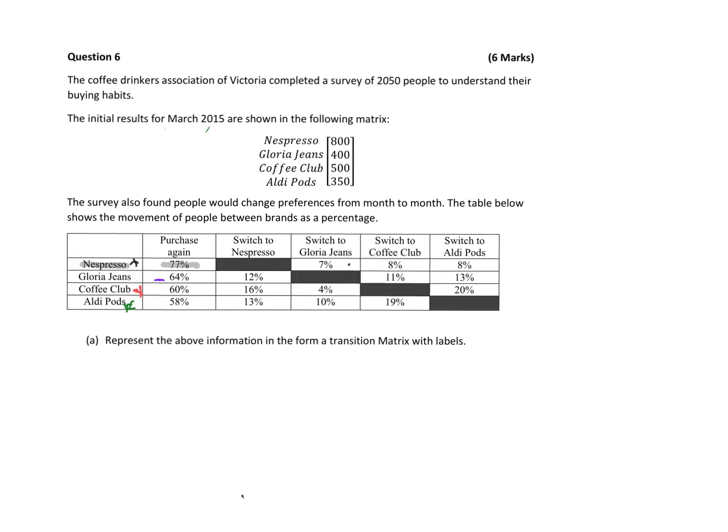So this is transition matrices. Here they gave you your initial state, S0, and down here is going to help you set up your transition matrix. It says represent the information they gave you.